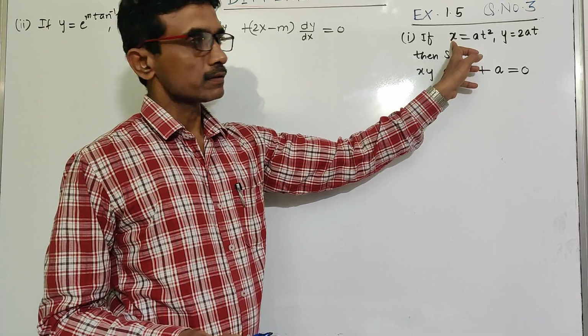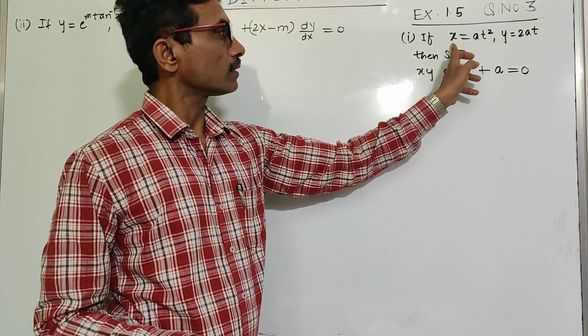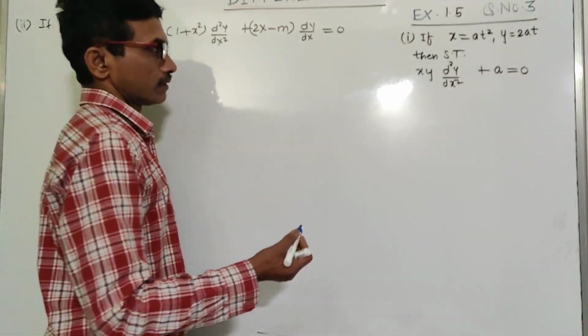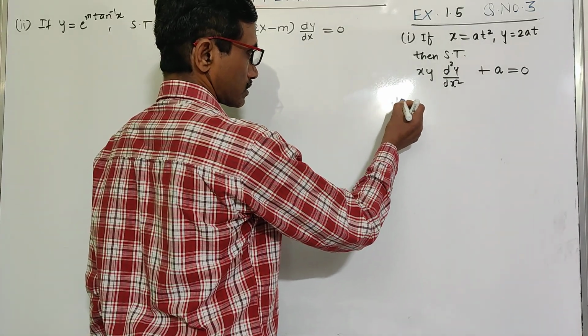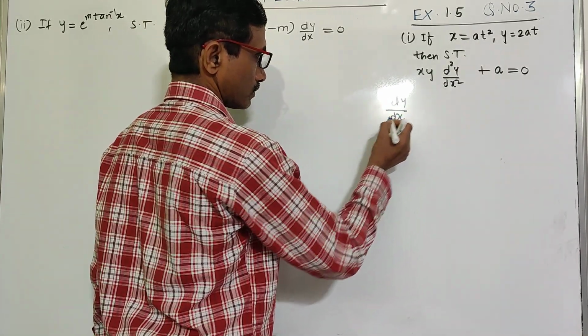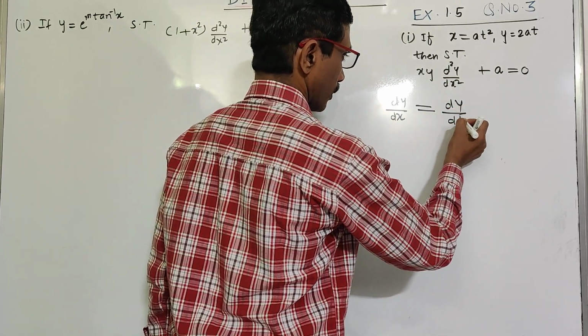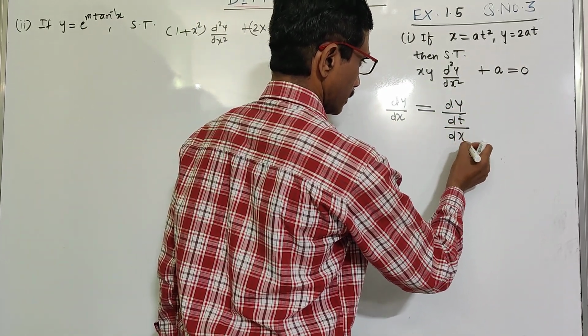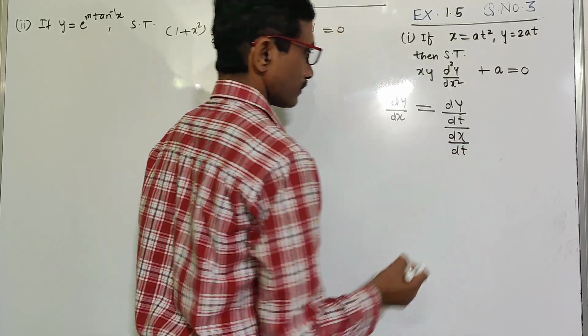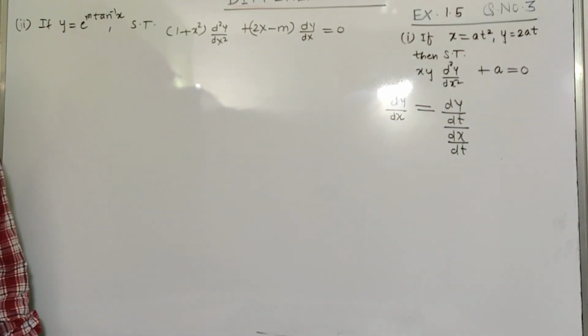How do we find dy by dx? We find it as dy by dt upon dx by dt. So dy by dx is equal to dy by dt upon dx by dt. What is our dy by dt?